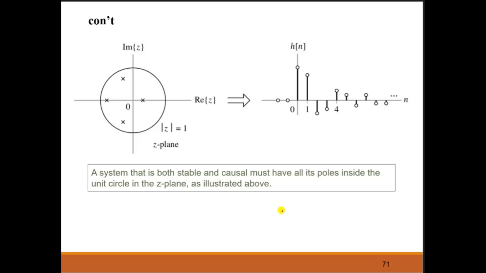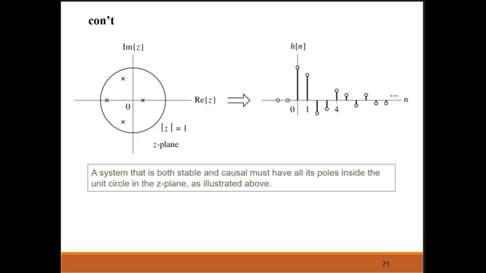So macam if you have a transfer function, and then the outermost pole, the poles must be inside the unit circle. All of it must be inside the unit circle.